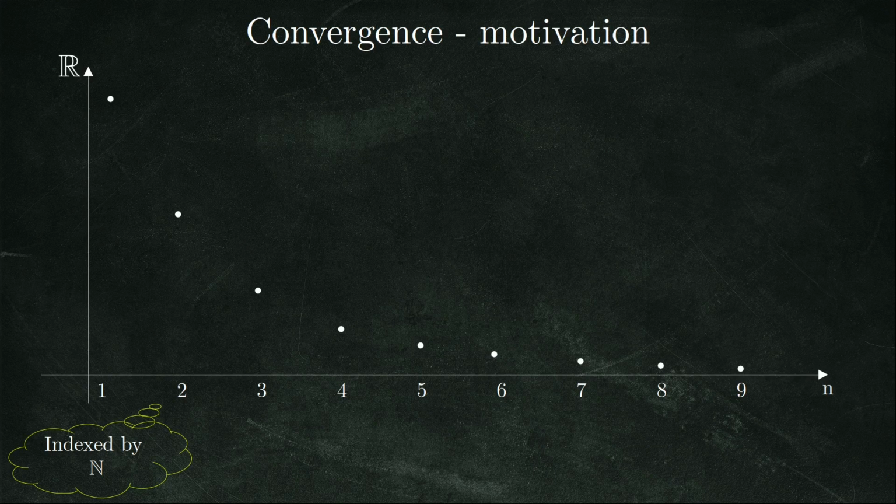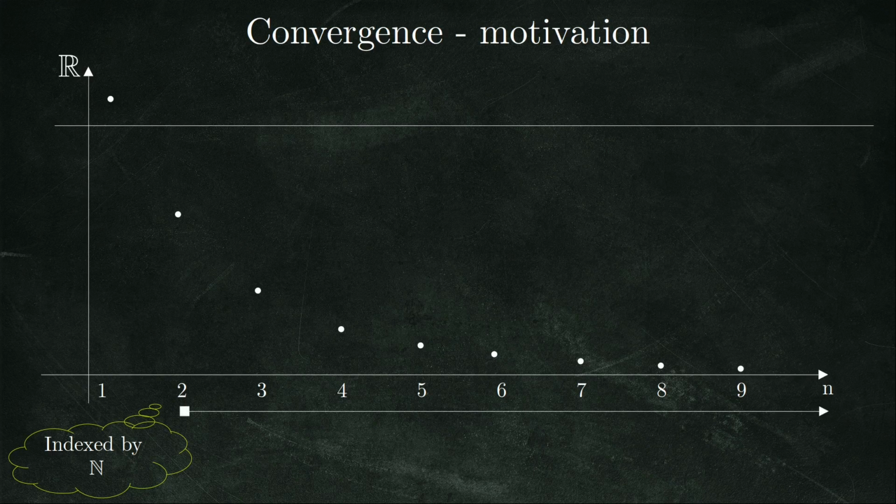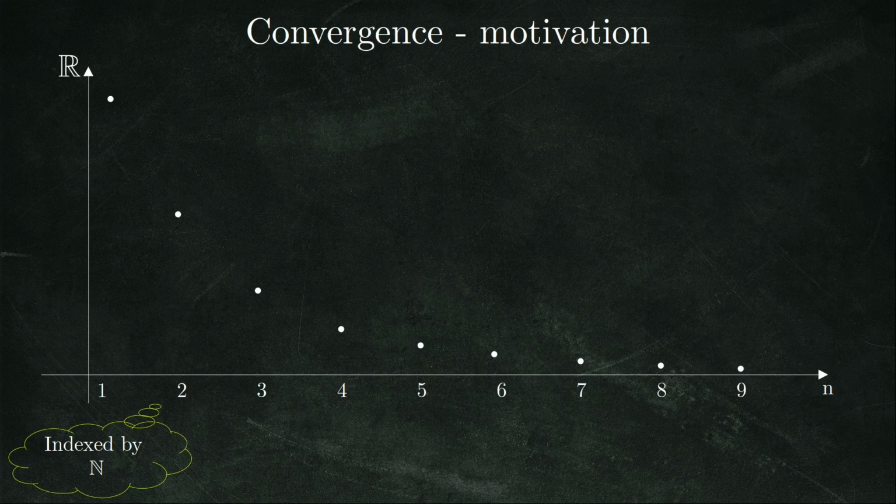It's getting closer and closer. But what's a way we can formalize this idea of getting closer? If we look at a particular distance away from 0, represented by this line, every element from the second element onwards is closer to 0 than that line. Then, if we go even closer to 0, we get the same thing.